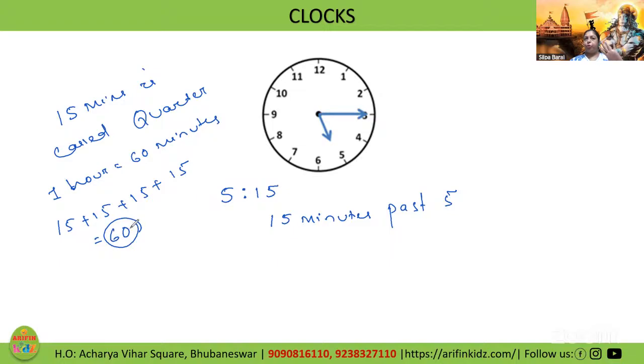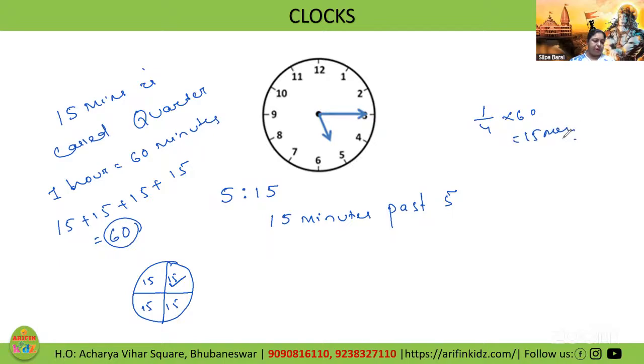I already explained in the last fraction lesson about the quarter. Suppose this pizza, if you divide it into 4 parts, 1 part is called a quarter. Like the clock, this is 15 minutes, 15, 15 and 15 minutes. So 15 minutes is a quarter of 60 minutes. Or you can say 1/4 of 60 is 15 minutes. So this 15 minutes is called a quarter.